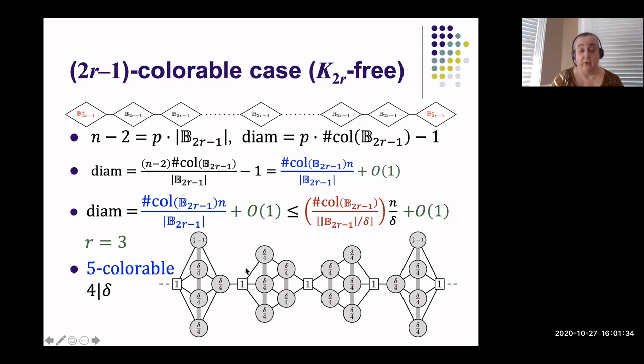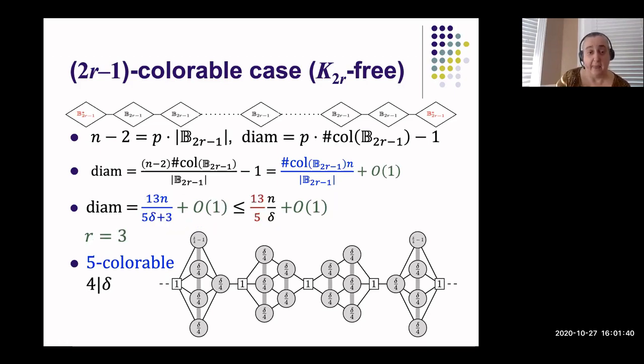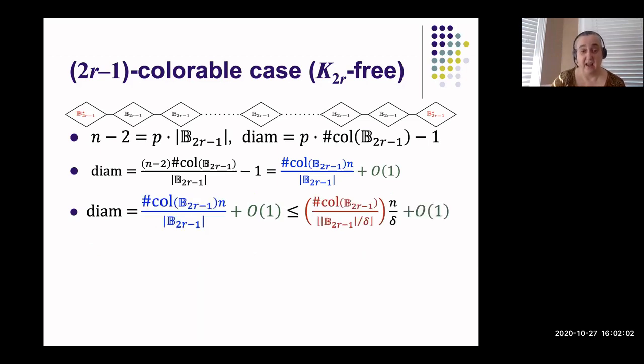And 4, 1, 3, 2, 2, 3, 1, 4 are the numbers. If you work this out, the diameter of this graph is 13n over 5 delta plus 3. So the constant that you can work with is 13 over 5, which is 3 minus 2 over 5. Again, we can't skip that little bit that they conjectured.